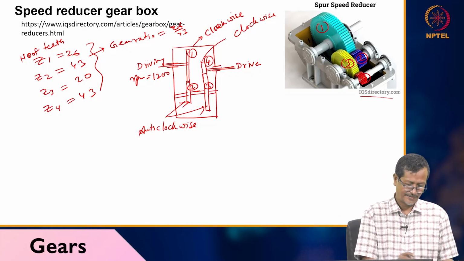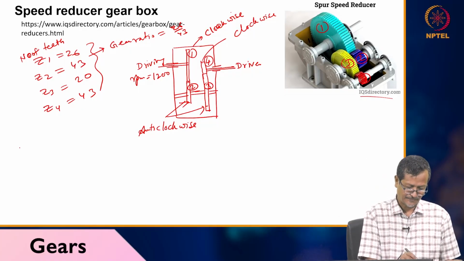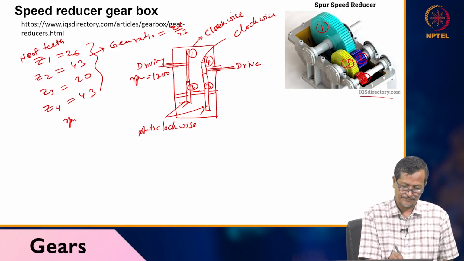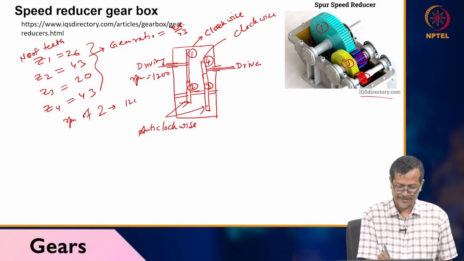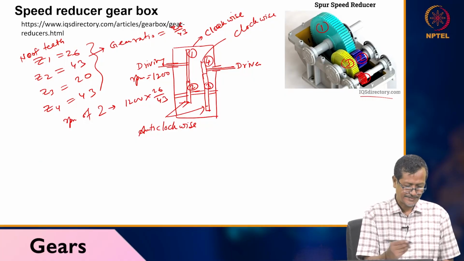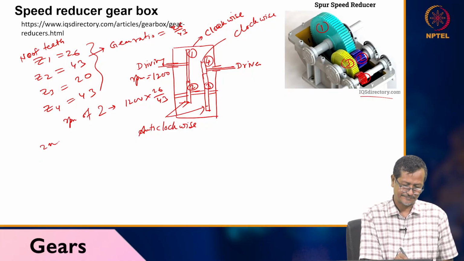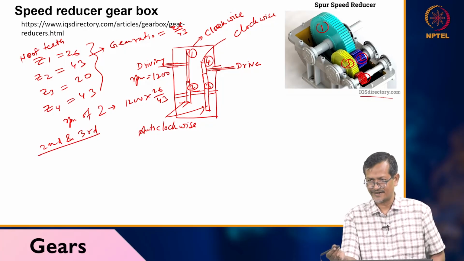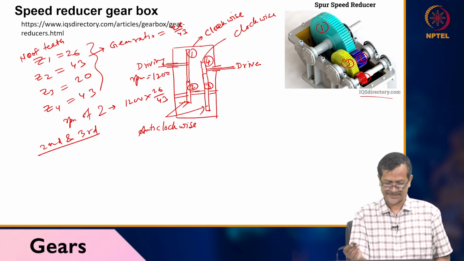Okay, so RPM of 2 will be 1200 into 26 by 43. Now the second and third gears are both connected, so same RPM, same direction.